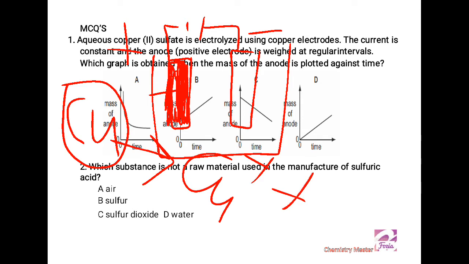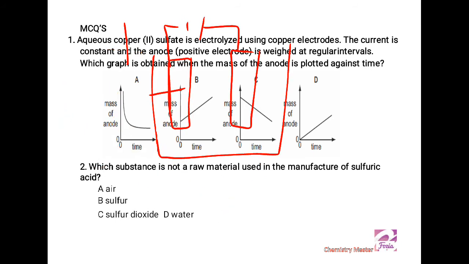It means the copper will start to dissolve, and with the passage of time, if the weight of this copper electrode is measured, the graphs are given. So you have to see what is expected. The mass of the copper anode will be on the decreasing side. So we see what are the four different options here.